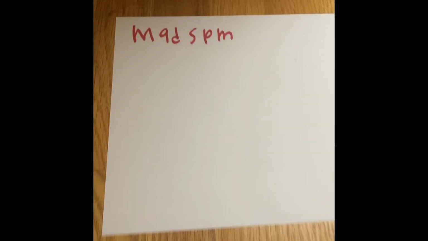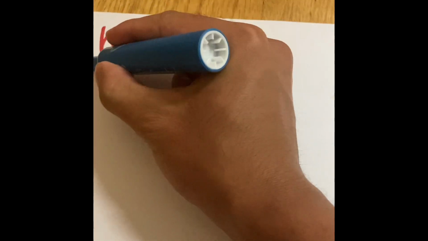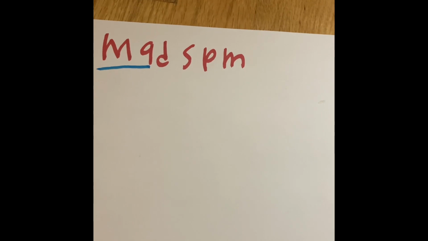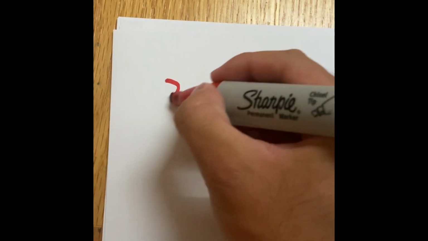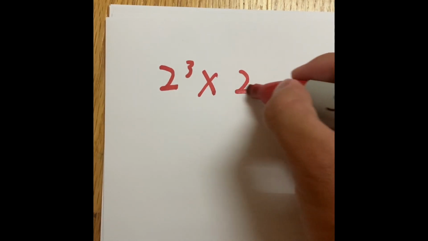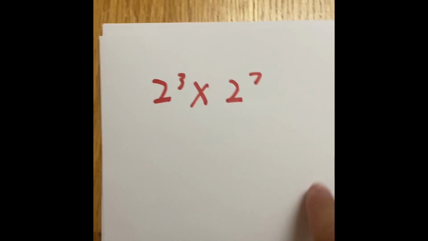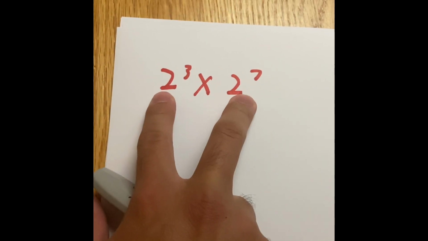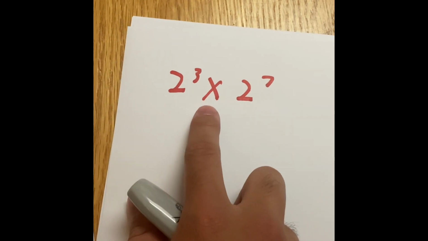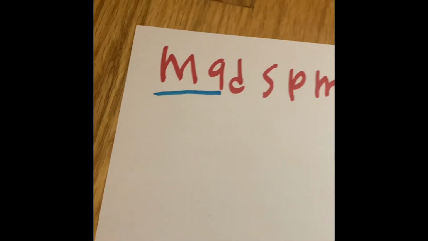But what do the letters represent? The first two letters of MADSPM, MA, represent multiplication. When we talk about exponents with multiplication, picture this. Imagine you have 2 to the 3rd power, and then we have to multiply that by 2 to the 7th power. We have the same coefficients, but the exponents can be the same or different. When you multiply, that's what the letter M represents.